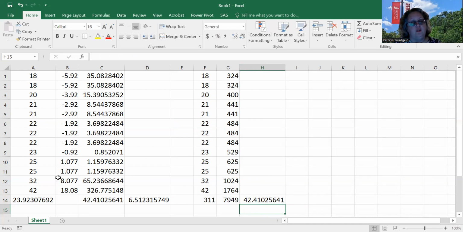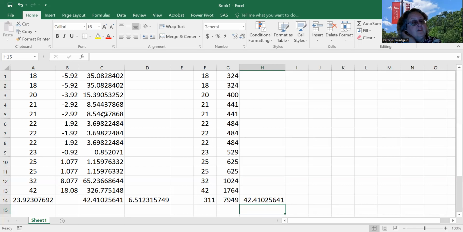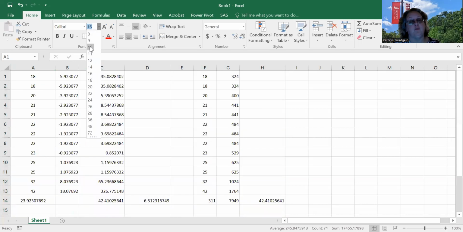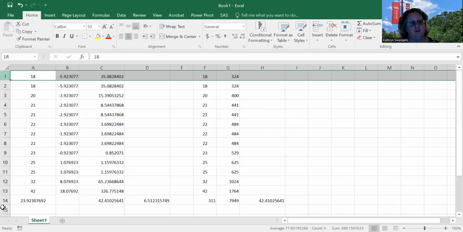Now notice if you have a lot more numbers, you might have to scroll down, but that's okay. You don't have to see them all. And I made these large, size 16, so you could see them on the video more clearly. Of course, you can make the size of your numbers smaller if you want to fit more of them on a page. So I can fit 10 of them on the page.